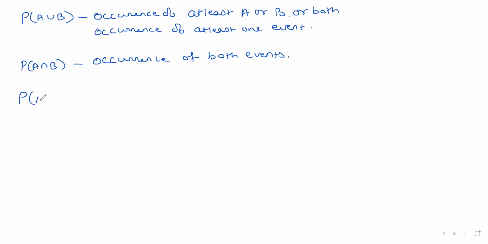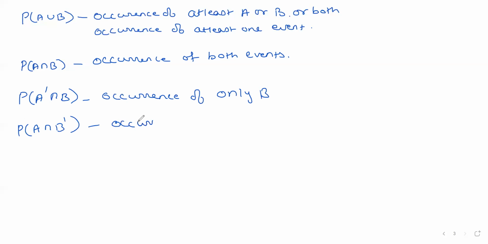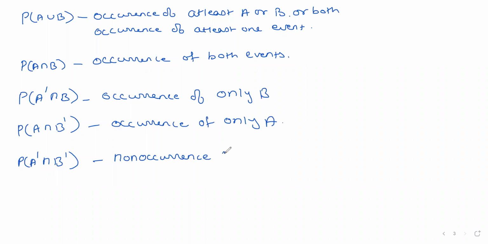If I say occurrence A complement intersection B, it means occurrence of only B. A intersection B complement is occurrence of only A. A complement intersection B complement means non-occurrence of both events.